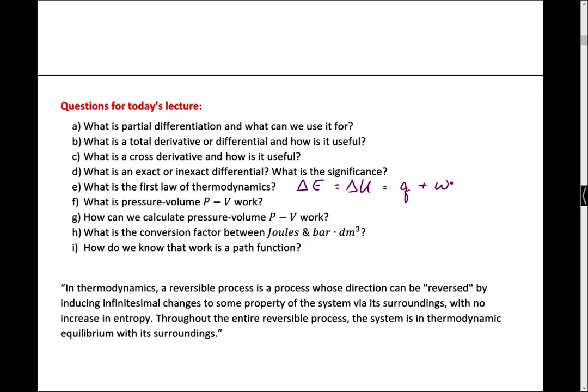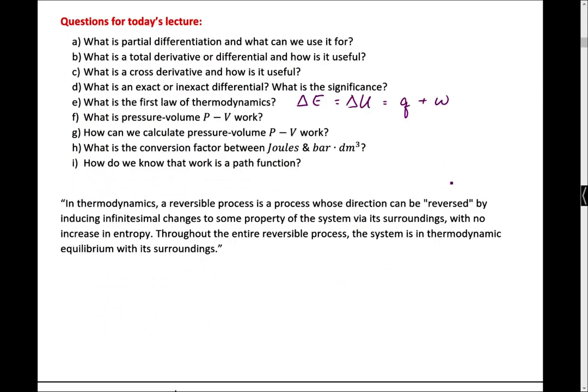All right, so that's a statement of the first law of thermodynamics, right? We're going to be talking about pressure volume work. So basically, this is talking about compression or expansion of a gas, right? And then we'll do some conversion factors and talk about path functions and state functions, right?